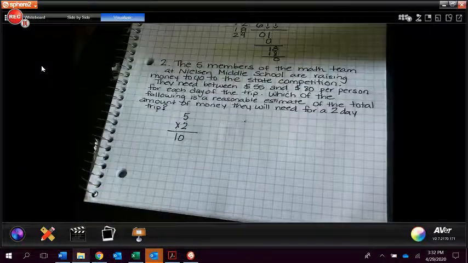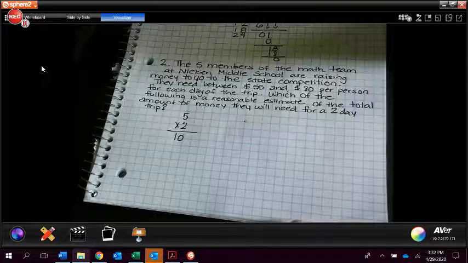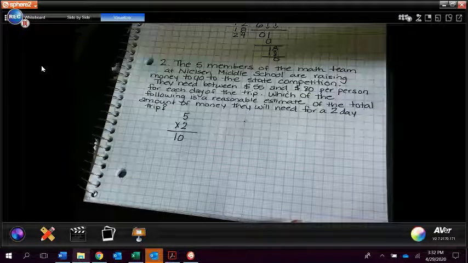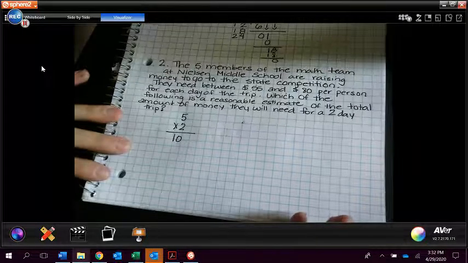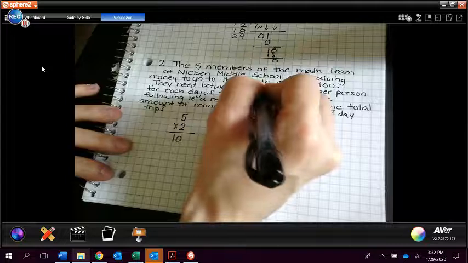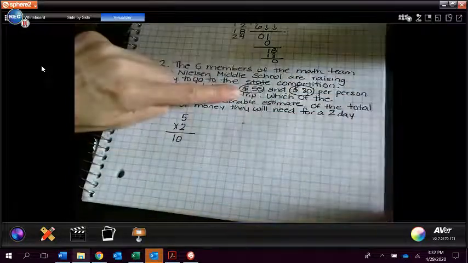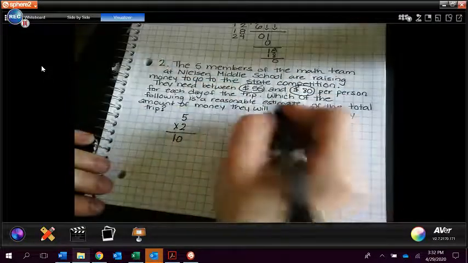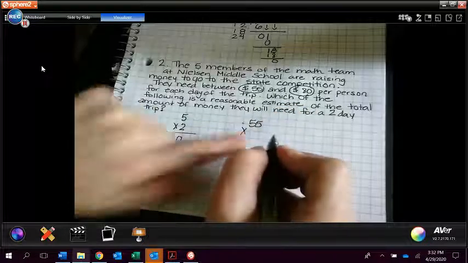Even though it's the same 5 people, the same 2 days, in total we're talking about 10, and each of them need between $55 and $80. So now that we have this, I'm actually going to take the 2 numbers that were provided in the problem. I'm going to start first with 55. So I'm going to do 55, and I'm going to multiply that by 10.